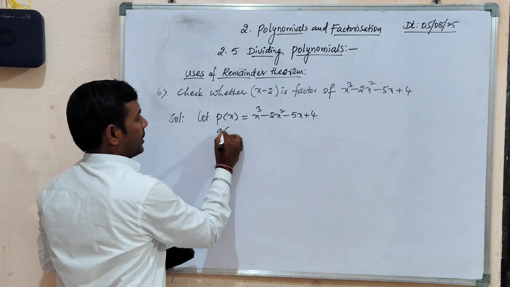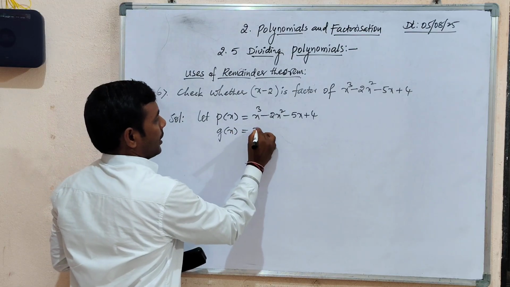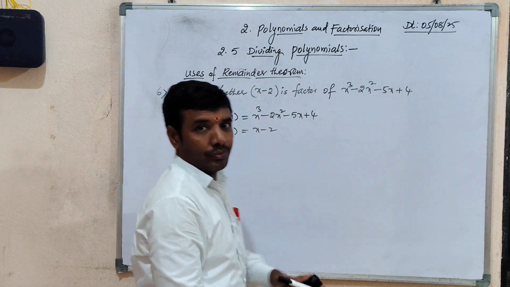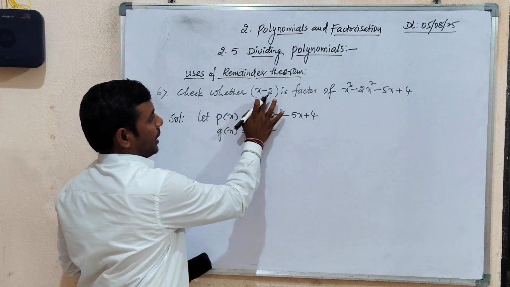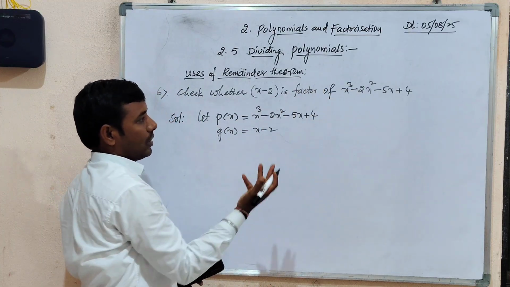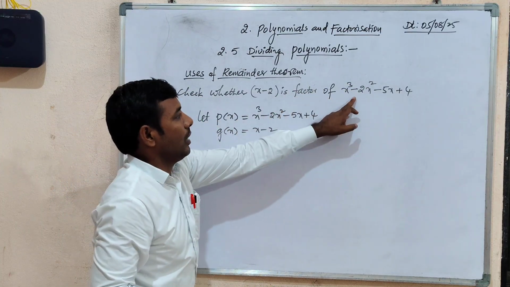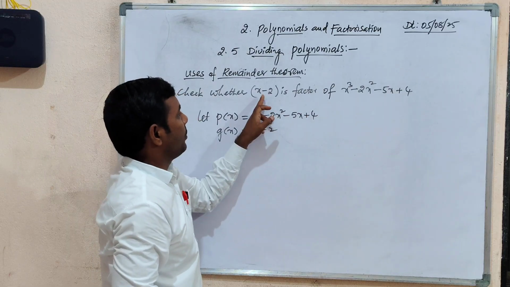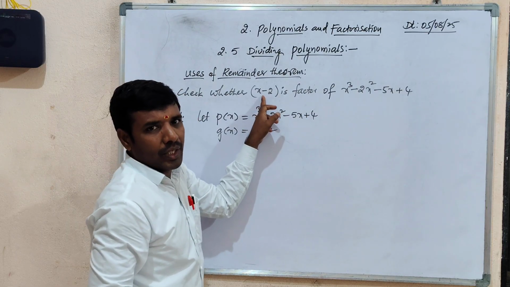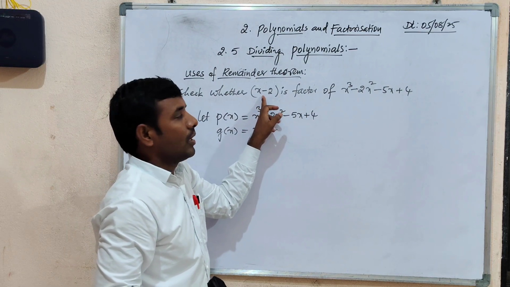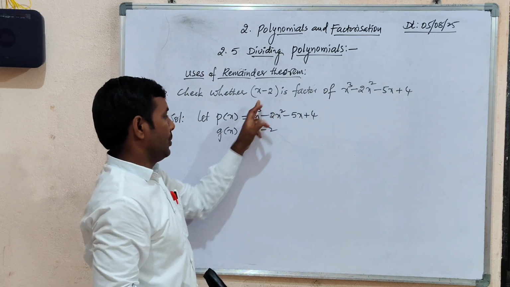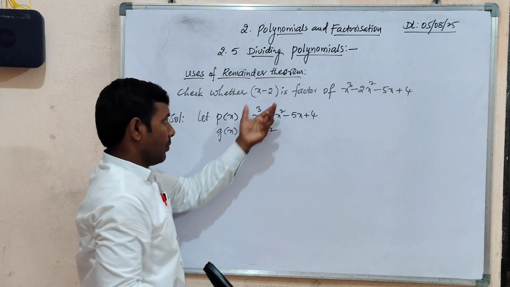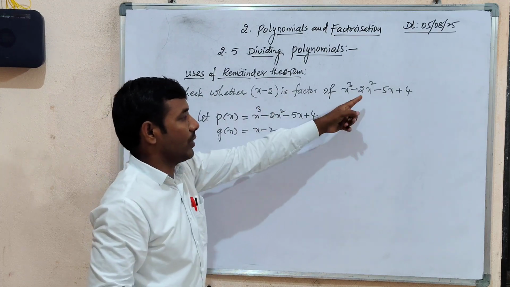Now g of x is equal to x minus 2. We have to check whether it is a factor of that or not. Exactly divisible in a sense, when it is divided by this, the remainder should be 0. Through the remainder we can find whether it is a factor for that or not.